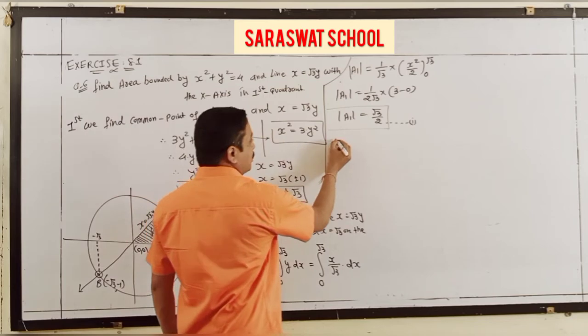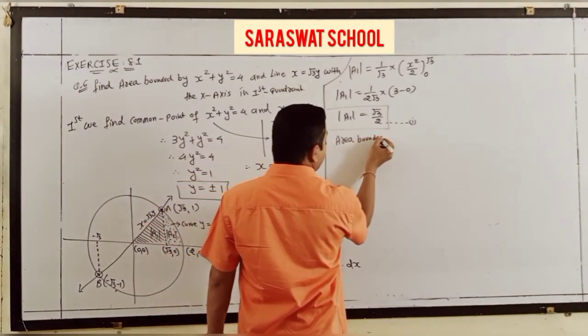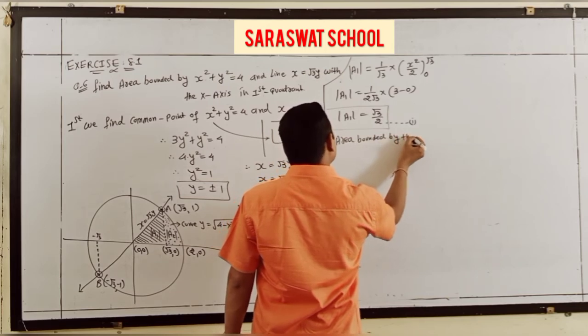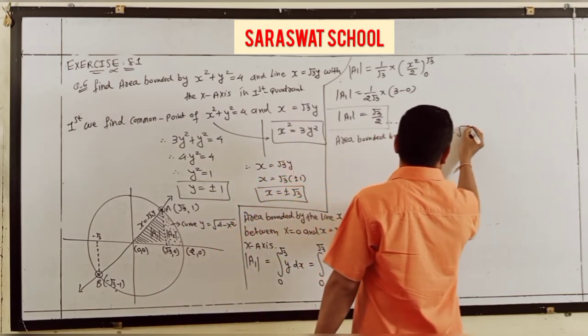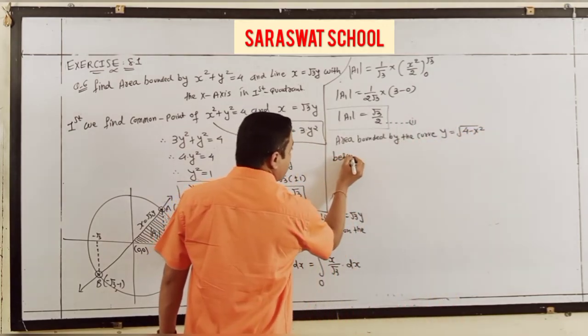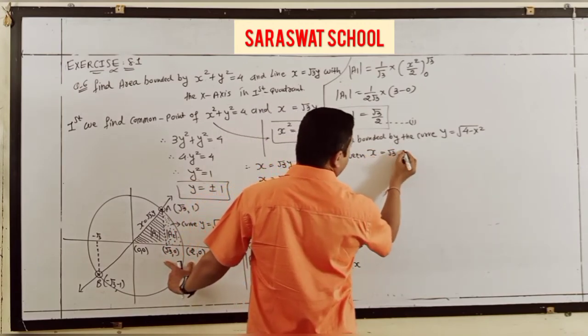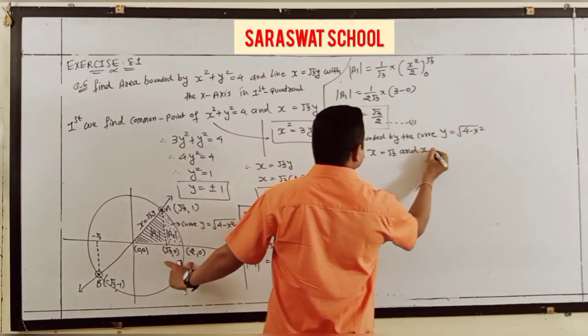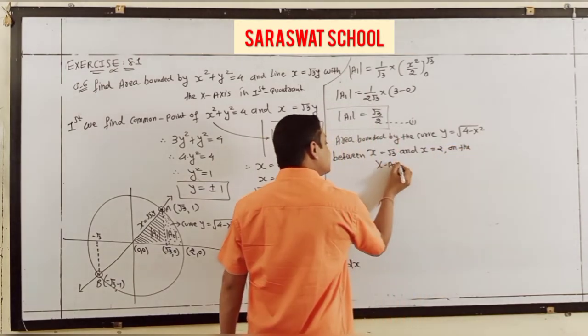So continue. Area bounded by the curve. Where is the curve? y is equal to under root 4 minus x square. Between x is equal to root 3 and x is equal to 2 on the x-axis.